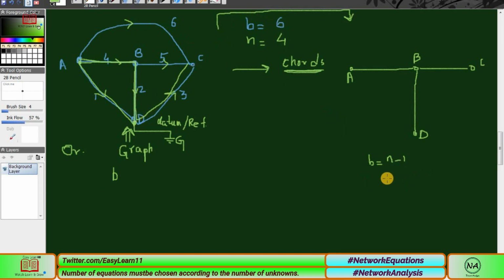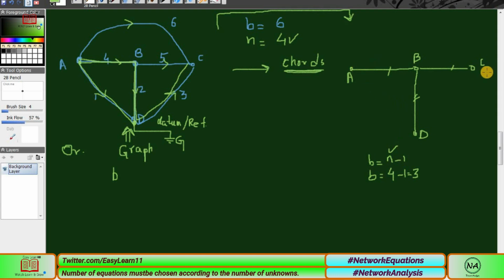But for the tree there is a rule. We need to focus on the nodes. Here there are 4 nodes, so 4 minus 1 is equal to 3. So there must be 3 branches, not 4. Always 3. This is our first branch, this is our second branch, and this is our final, third branch.